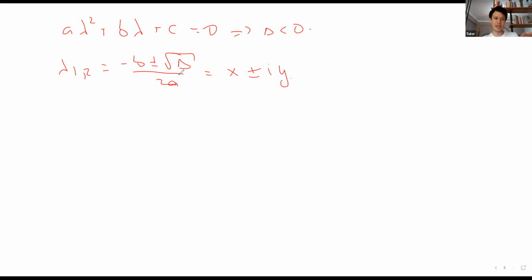And you guys see what's happening? The complex numbers are always going to come in pairs. So you're going to have a complex number x plus iy, and the other one is going to be x minus iy, right? This is kind of like the fundamental theorem of algebra, which says that if I give you a quadratic, there's going to be 2 roots. If I give you a cubic, there's going to be 3 roots. If I give you a 10th degree polynomial, there's always going to be 10 roots.